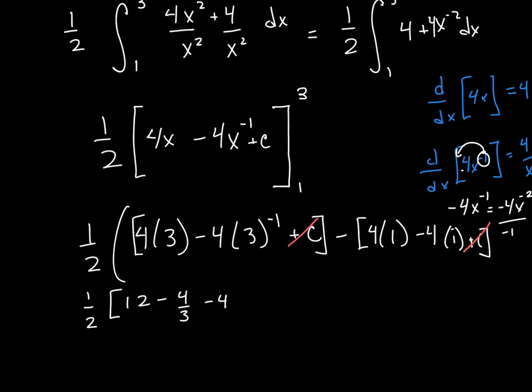And over here, all of this becomes plus 4, because inside here that is 4 times 1 to the negative 1, which is 4, minus 4 over 1. So those two 4s change signs. One of them was negative, one of them is positive.